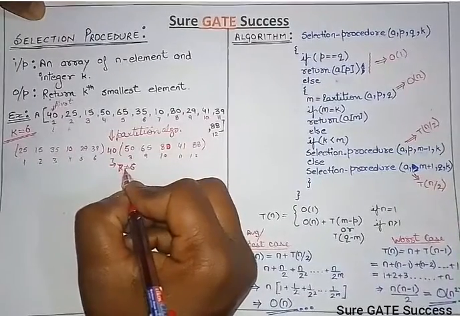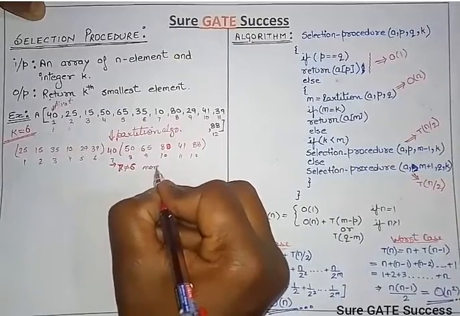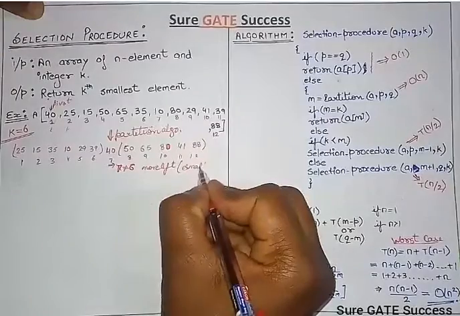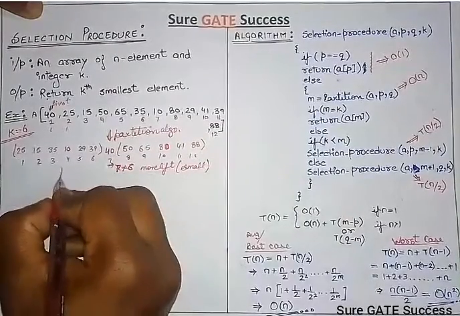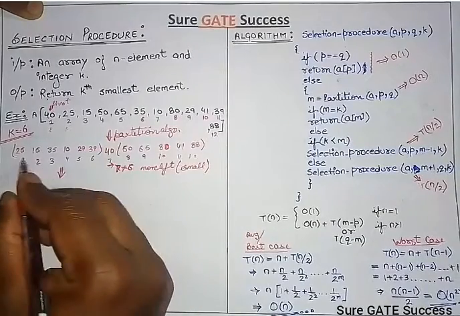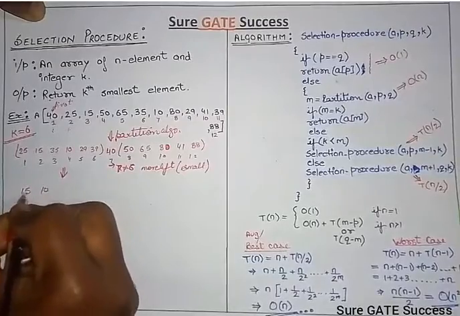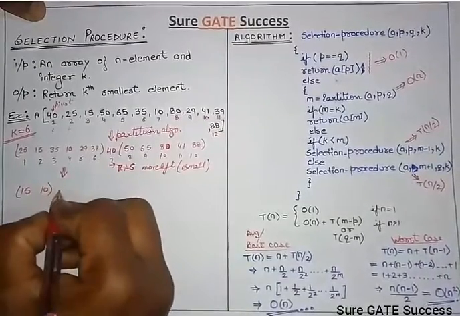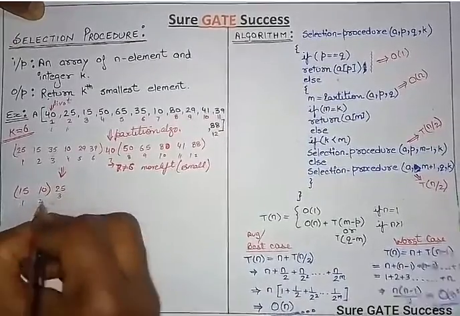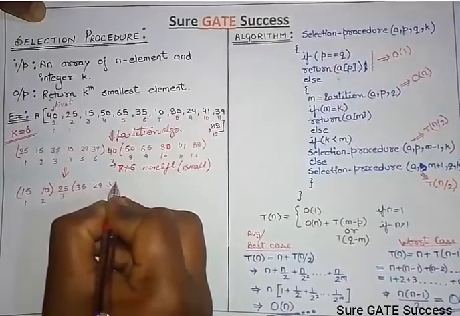That means we have to move left, because 6 is smaller. So now we apply the same partition algorithm to this part by selecting the first as pivot element. Then 10 and 15 will be on the left-hand side, and 25 will be at its best position, that is position 3, and similarly you can do the rest.